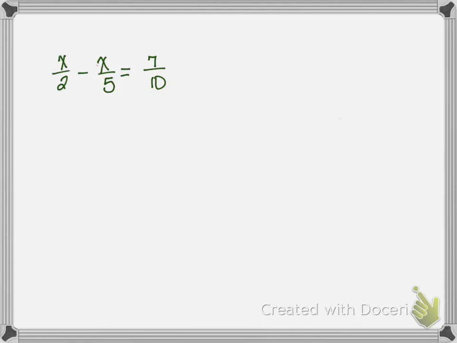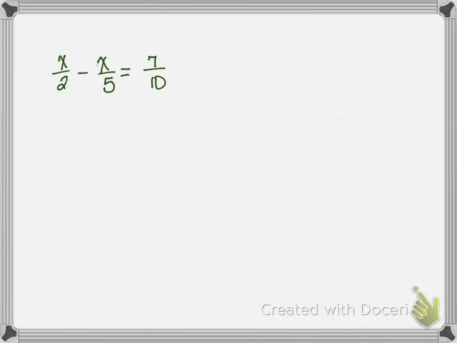And you are correct that you do have to find a common denominator, but we're not going to find equivalent fractions. Because of the equal sign, we are able to multiply everything by a common denominator. And our common denominator is the number that 10 goes into evenly, because that's what's under the 7. That 5 goes into evenly, and that 2 goes into evenly. So what's the number that goes into everything evenly?